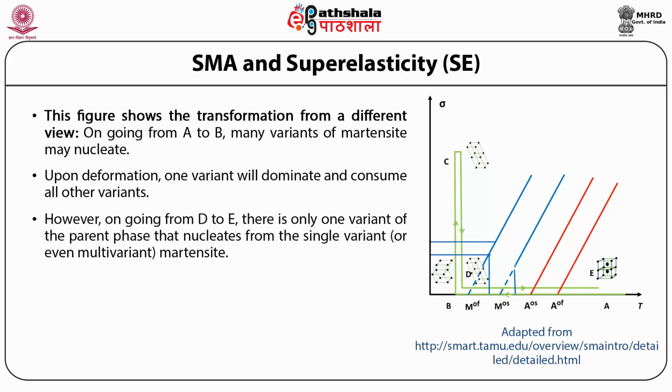However, on going from D to E, the temperature is increased to the level where martensite is not stable and only parent phase can exist.